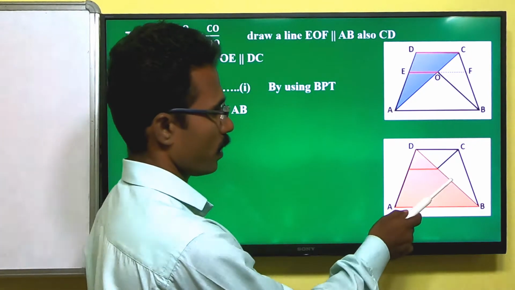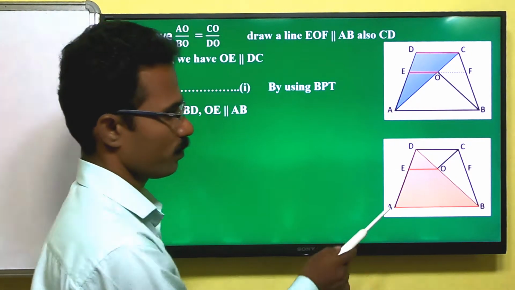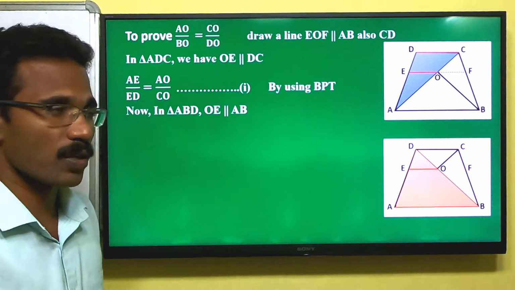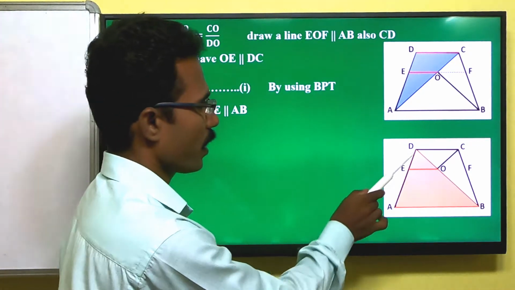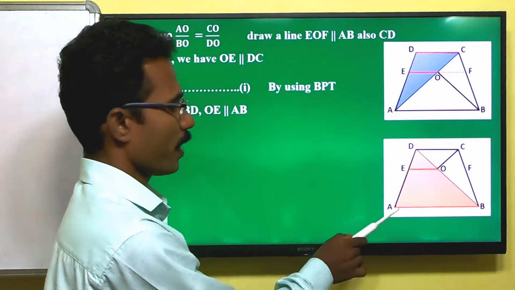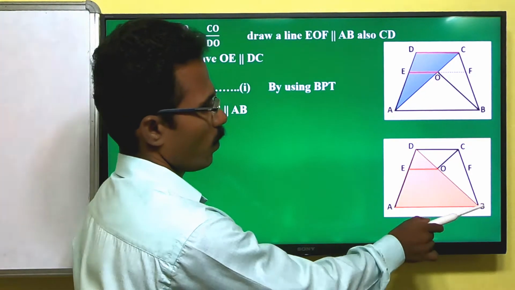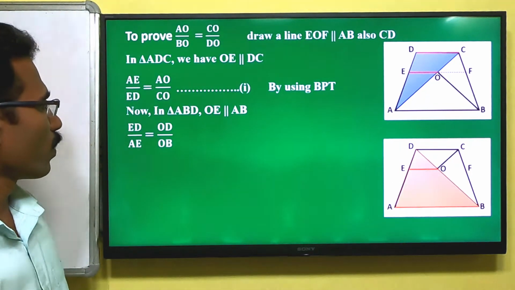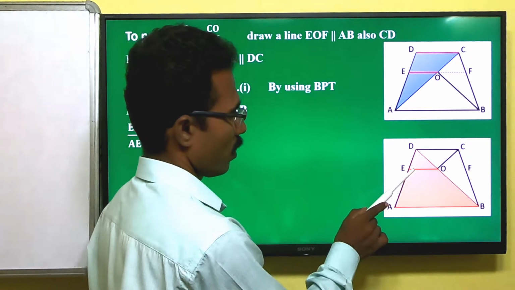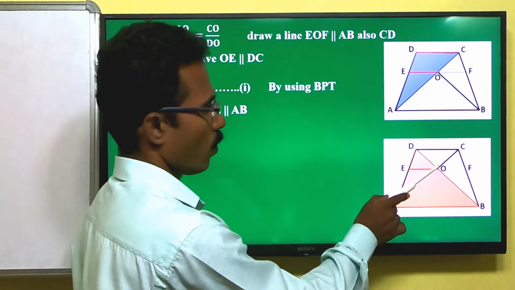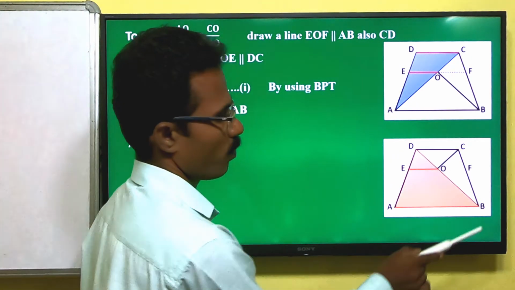where OE is parallel to AB. So using the basic proportionality theorem, we will have ED upon EA equal to OD upon OB.